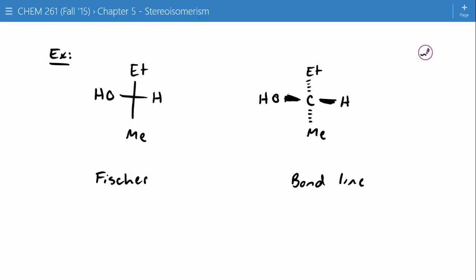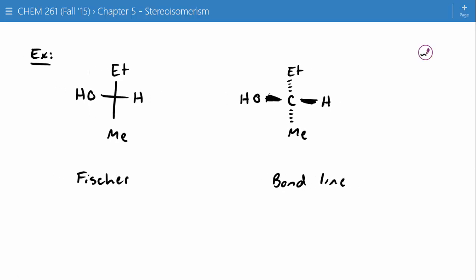All right, so let's assign stereochemistry to this. Is this R or S? You guys want me to draw it a little bit differently? So imagine this is the top down. Let's change this to our side view.